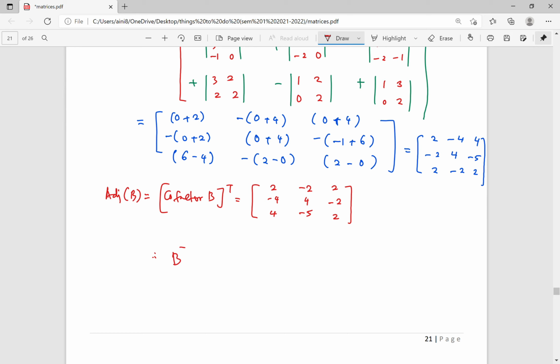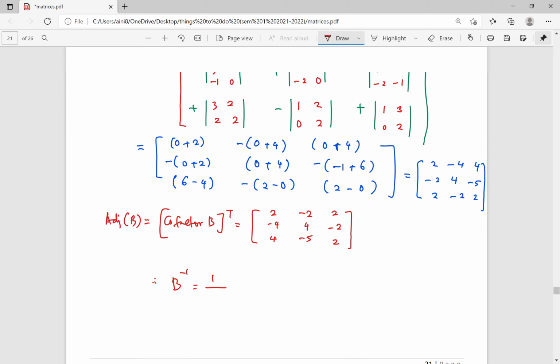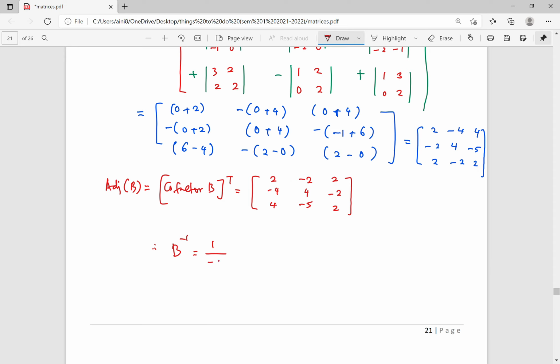So B inverse equals 1 over the determinant of B, which is -2, times adjoint B: 2, -2, 2, -4, 4, -2, 4, -5, 2. And then the last answer should be -1, 1, -1, 2, -2, 1, -2, 5 over 2, and -1.